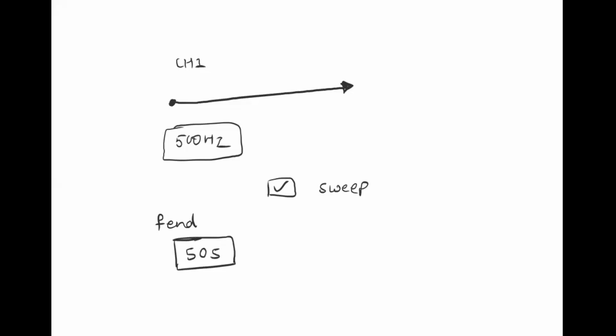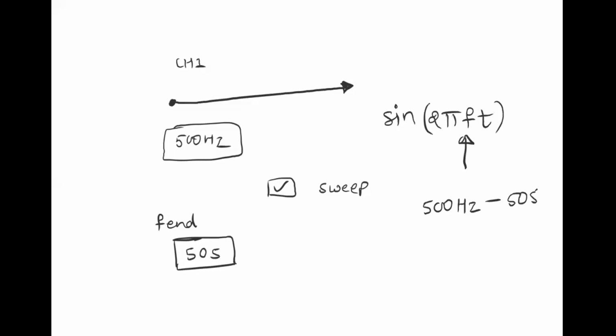The voltage in channel 1 is sine 2 pi f t. Now the frequency is changing from 500 hertz to 505 hertz.